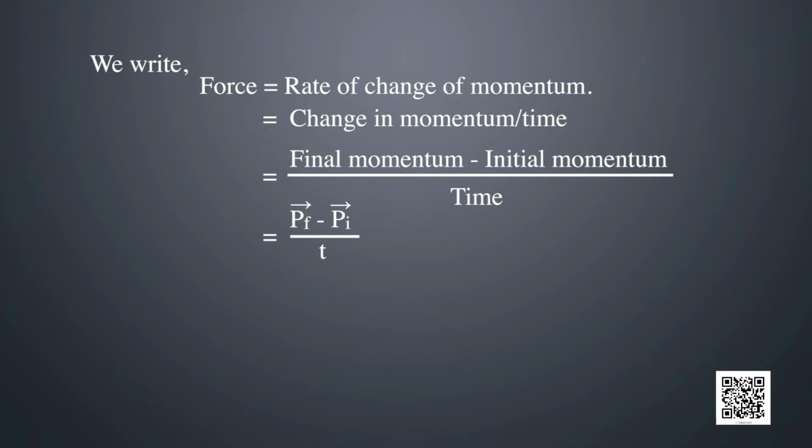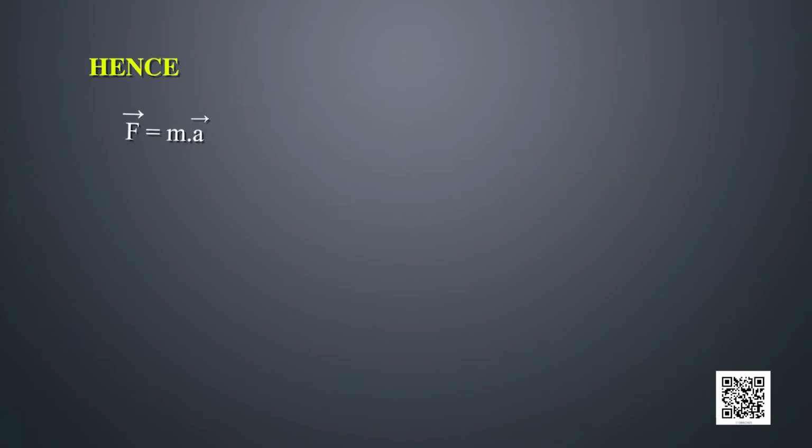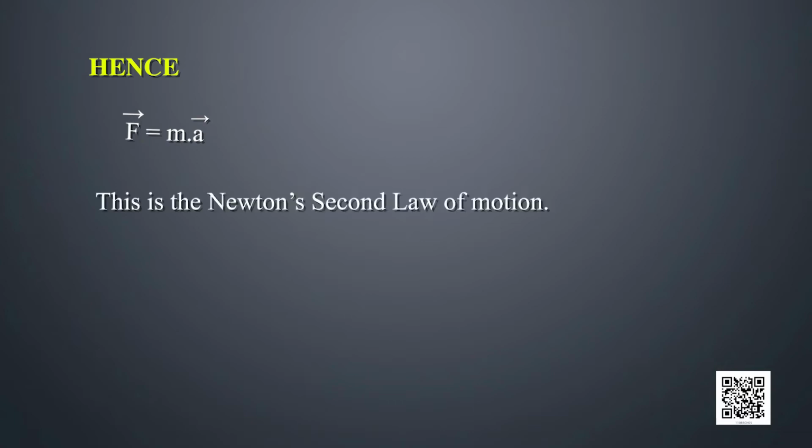So, final momentum, mass into final velocity v, minus initial momentum, mass into initial velocity u, over t, equals m into (v minus u) over t. But (v minus u) over t, according to the equation of motion, is acceleration. So, we get F equal to m into a. Hence, force is the product of mass and acceleration. This is Newton's second law of motion.